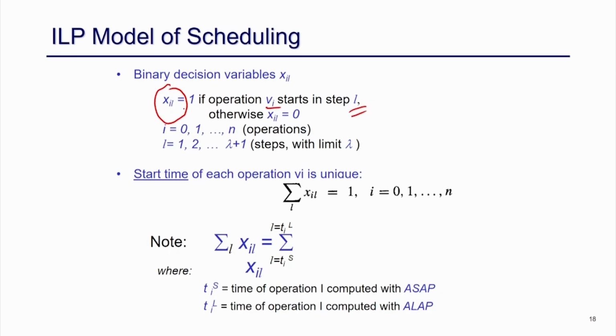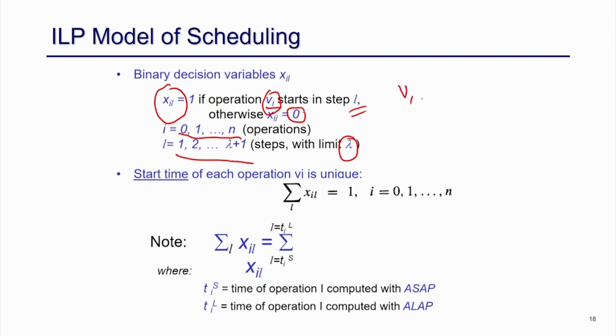So x i l is equal to 1 if the start time of operation v i is l, otherwise it is 0. Assume the operations are v 1 to v n and the time limit is lambda, then l can be from 1 to lambda plus 1. How many variables are there?